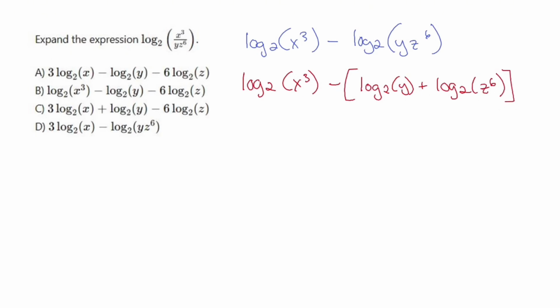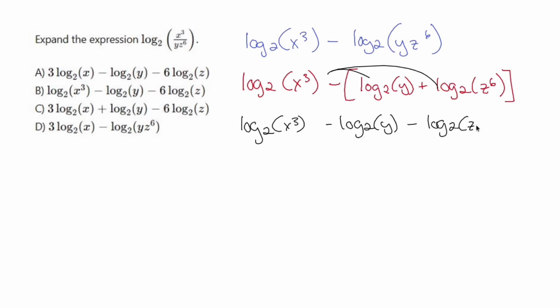So let's just quick distribute that negative, and then we'll deal with exponents. Log base 2 of x cubed minus log base 2 of y minus log base 2 of z to the 6th. All I did was distribute the negative. Last step is any exponent living inside the parentheses, bring it out front.